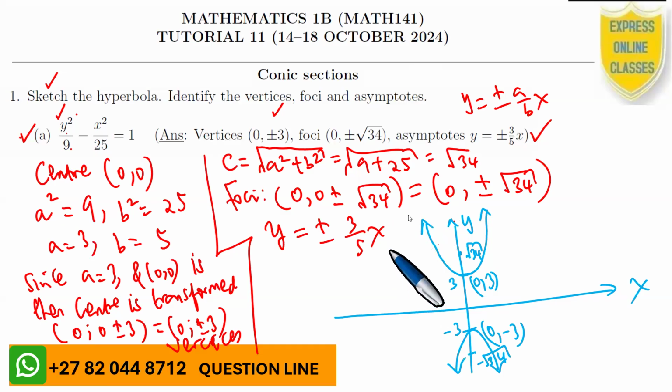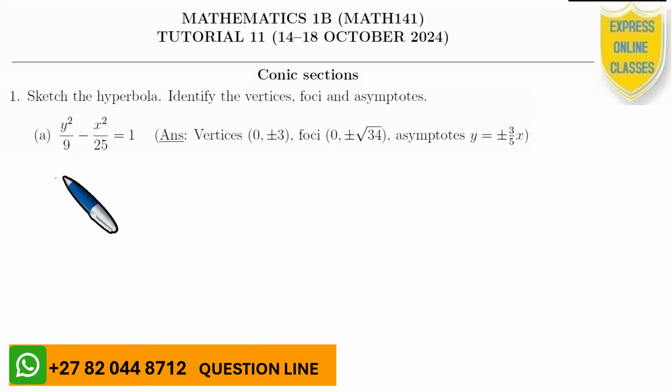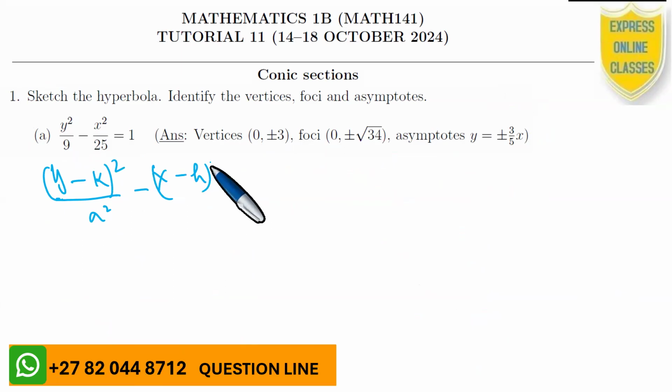Yeah, that's a good question. Is the asymptote always a over b? We will reason. Whenever y comes first, it will be that way because it's y minus k squared over a squared minus x minus h squared over b squared.